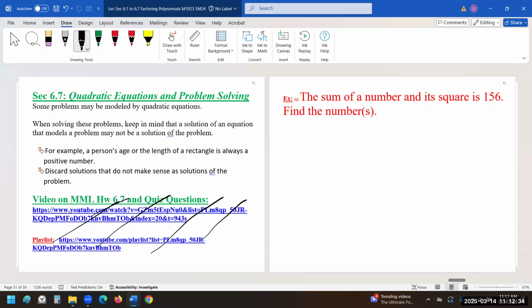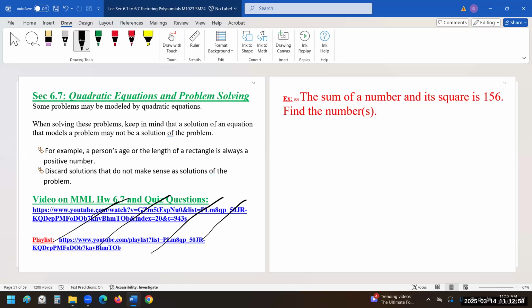So, one interesting question. The sum of a number and its square is 156. So you have a number, and when you square it and add it to the number, the result is 156. What is that number? It's an interesting puzzle.